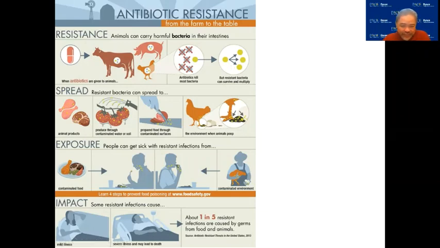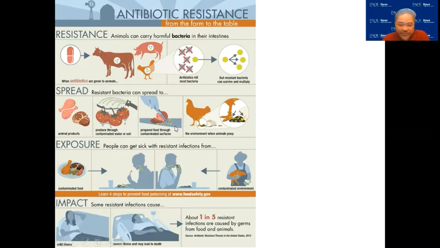Okay. And what happened? If it's present there, the animal products that you have could carry that resistant bacteria. Or if you're going to look at the waste and then it's being introduced to the environment, some of the produce can be contaminated, okay, through the soil or water that was contaminated by the waste coming from the animal.